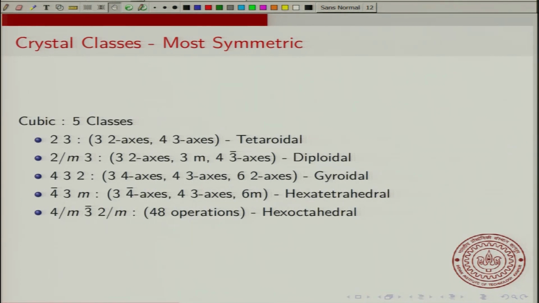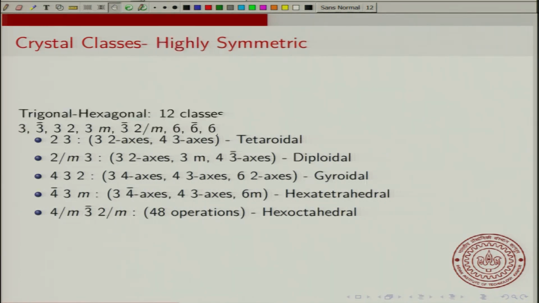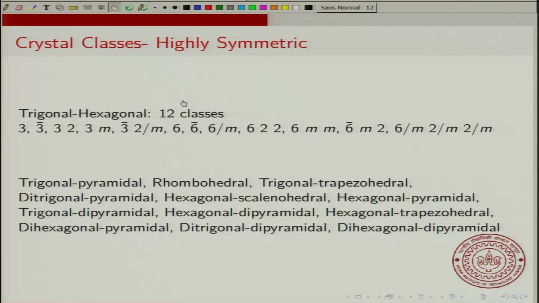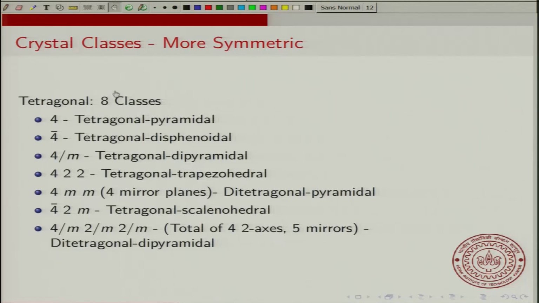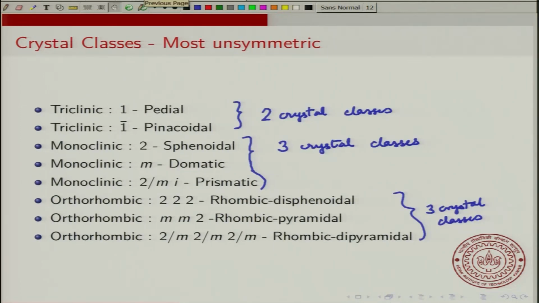Similarly, I would expect that you know that the trigonal and hexagonal systems have a total of 12 classes, the tetragonal has 8 classes, the triclinic has 2, and the monoclinic and orthorhombic have 3. So some general information I expect you to know.